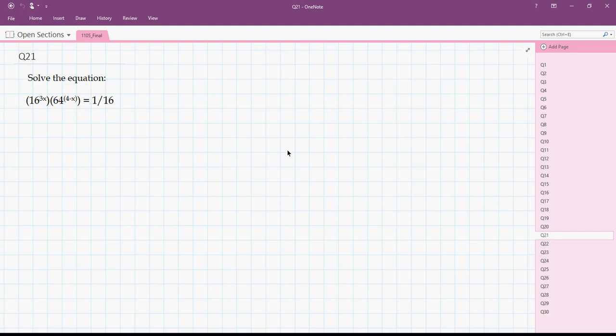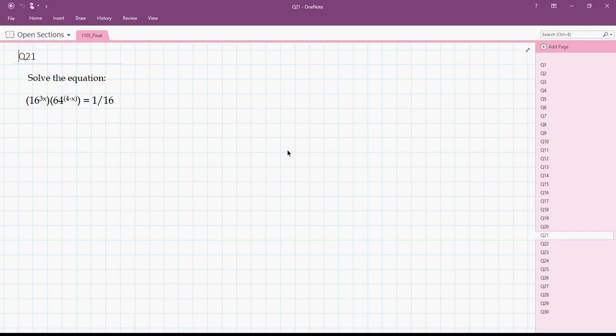Okay, so we have a whole bunch of exponents and stuff to different powers. So what we want to do here is rewrite this in a common power if we can. So looking at the numbers, we have 16 and 64, which isn't bad because we know 4 times 16 gives us 64, and 4 times 4 gives us 16.